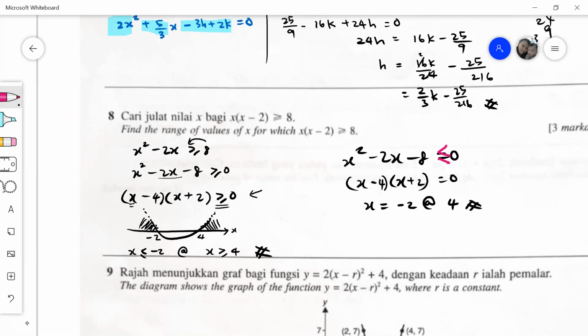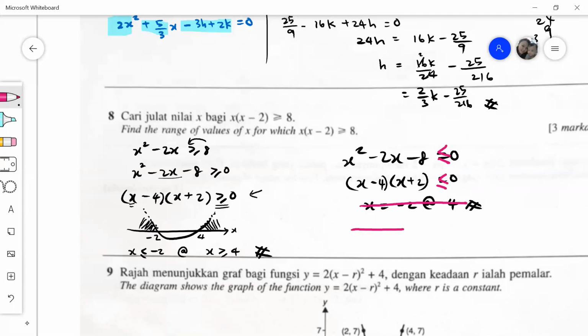Once I reach here, I cannot just answer like that. I have to write until this step. Cannot answer like this.